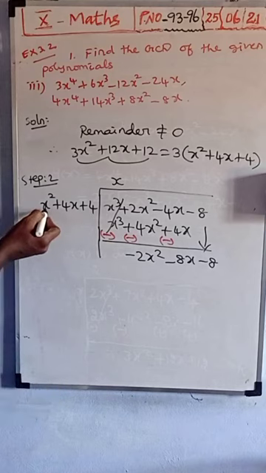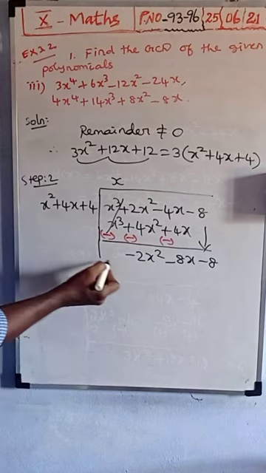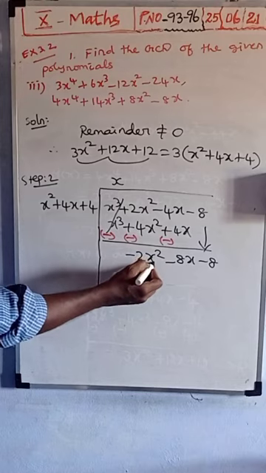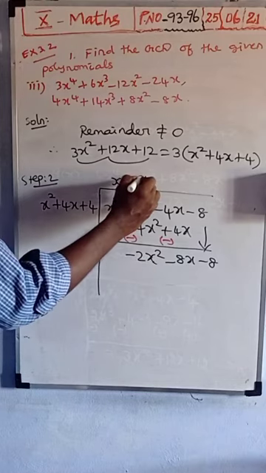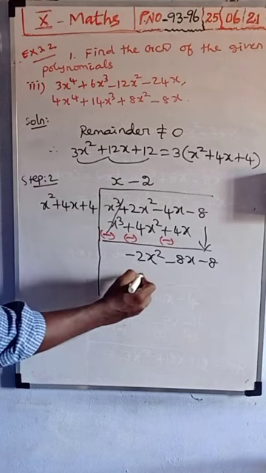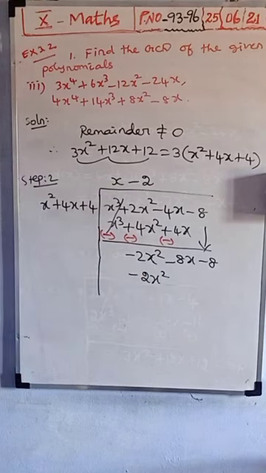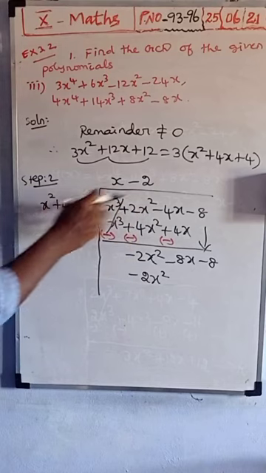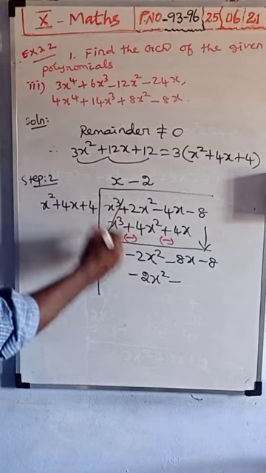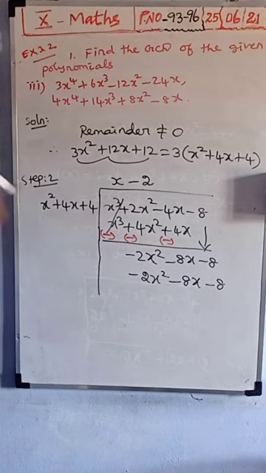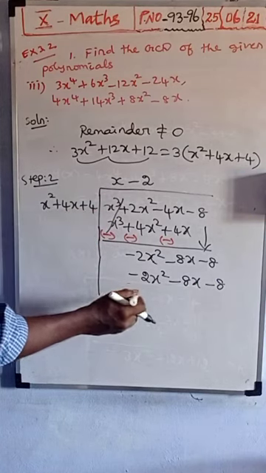Now here only x squared, here minus 2x squared. To make the first term the same, multiply x squared with minus 2: minus 2 into x squared, minus 2x squared. Next, minus 2 into 4x is minus 8x, and minus 2 into 4 is minus 8.